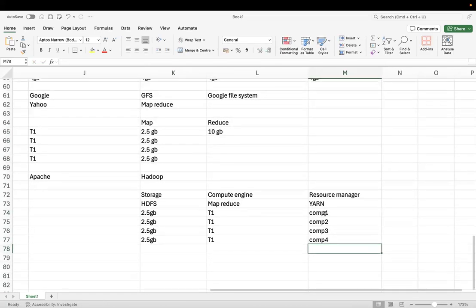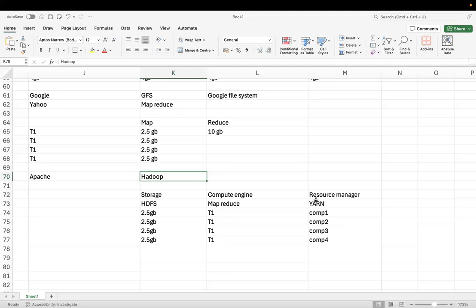So YARN is going to have a group of computers inside. When you configure Hadoop, you are going to decide how many computers you want to have, and each of these computers is going to be assigned to each of these partitions.